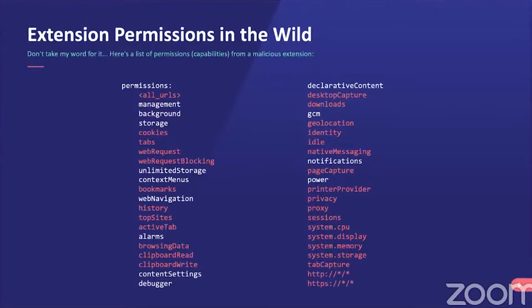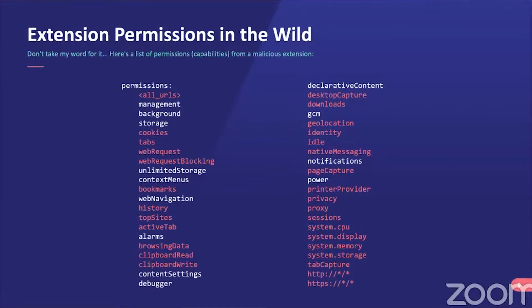These also have the capabilities to manipulate tabs, and that's what many of these extensions are designed to do, right? Create new tabs and things like that. We can also completely control the web requests that are made, and also block those web requests if needed. So that could be a very interesting use case. They could potentially block your access to software that could remediate the malicious extension on the computer.